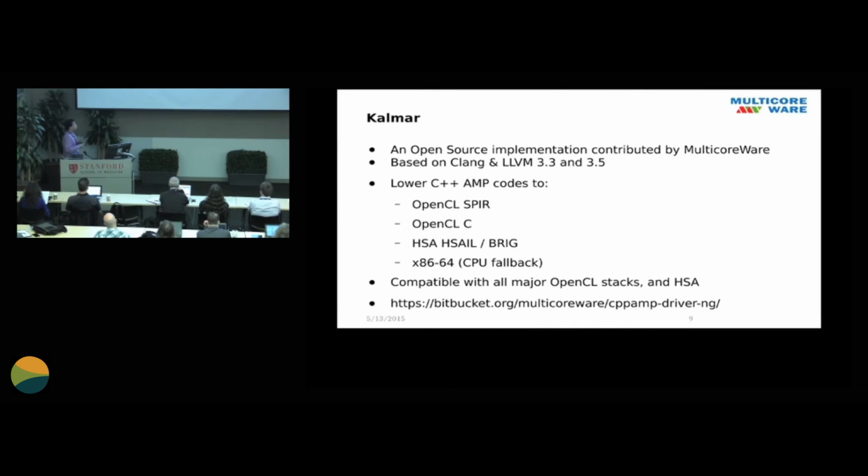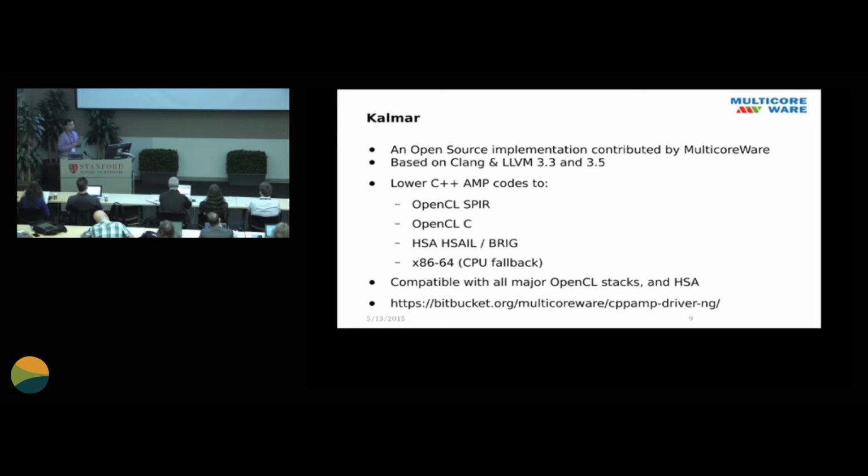So how do we implement C++ AMP on OpenCL? Basically, we use the Clang and LLVM compiler infrastructure to create this implementation.